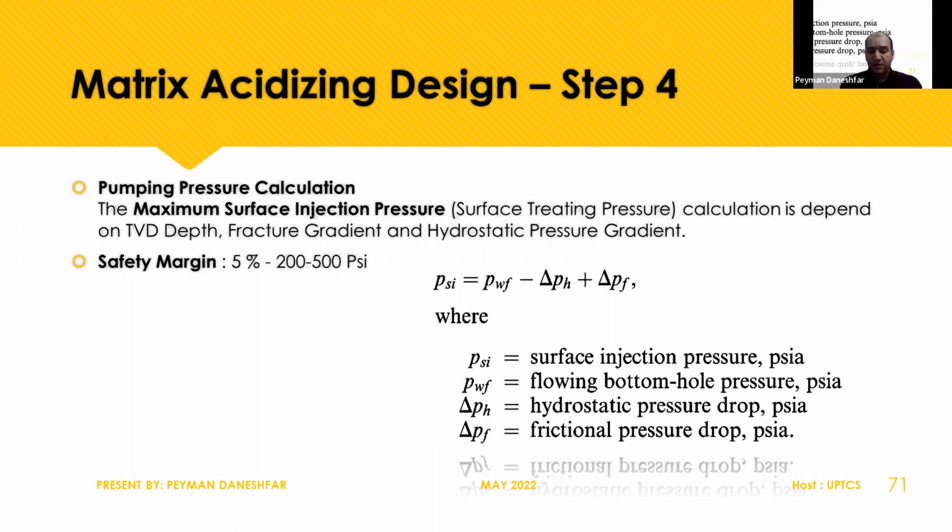And when we want to use the pumping pressure in operations, we use a safety margin, or we subtract 5% of the resulting pressure.